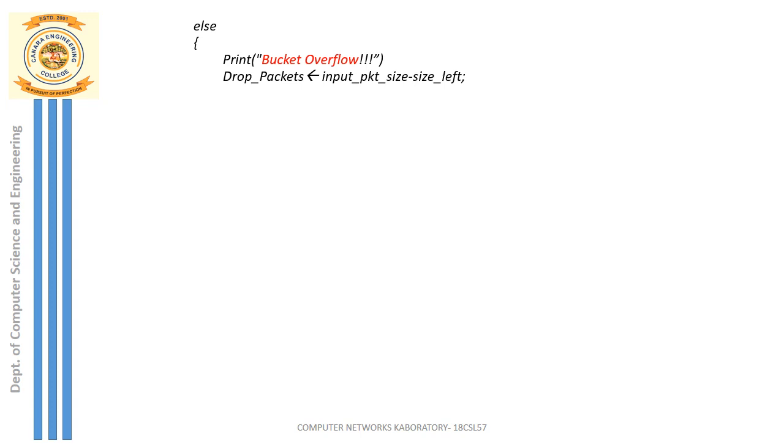That is why input packet size minus size left, 7 minus 5, means 2 packets will be dropped. Just print the number of packets dropped, and once the packets are allowed, the bucket becomes full, so update the storage to bucket size.